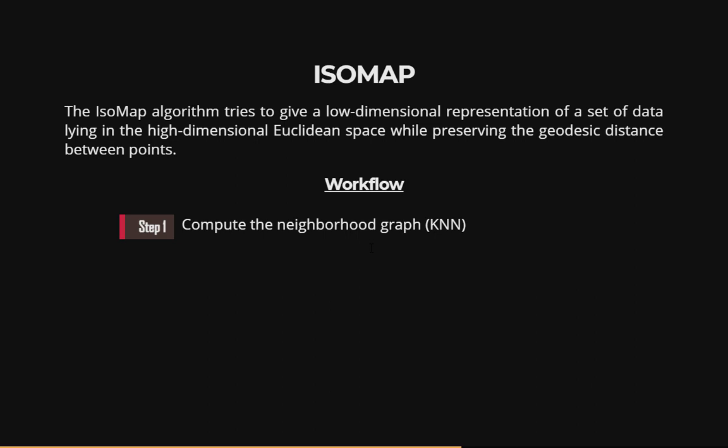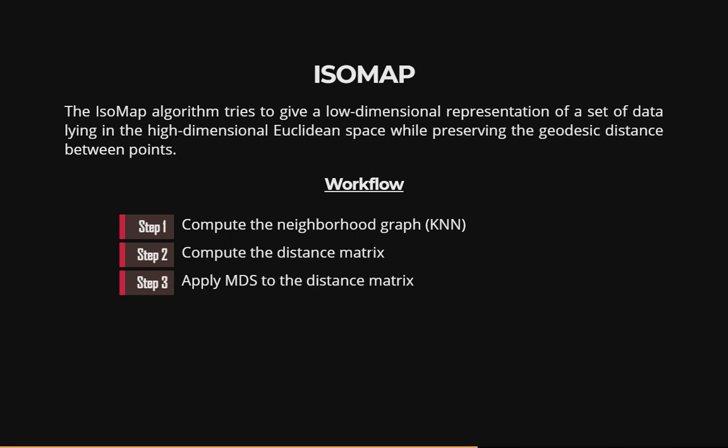We start with our graph and compute the neighborhood graph. Usually, we use the KNN algorithm, so the K nearest neighbors, because it gives you a connected graph. But in principle, nothing excludes that you could use the epsilon neighborhood system, so just connecting those points which are closer than epsilon. You compute the distance matrix, the matrix A we talked before, and apply multidimensional scaling to the matrix.